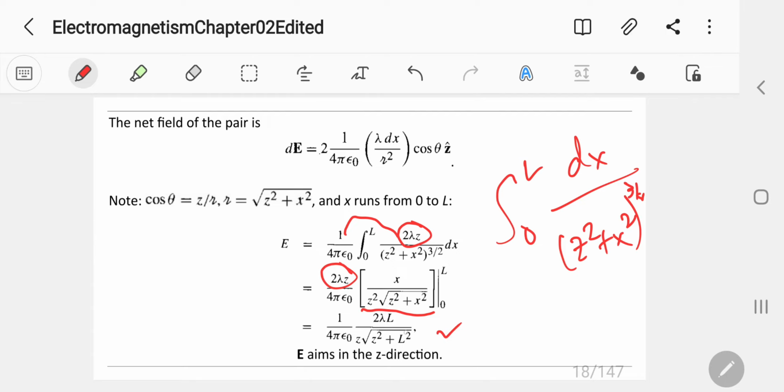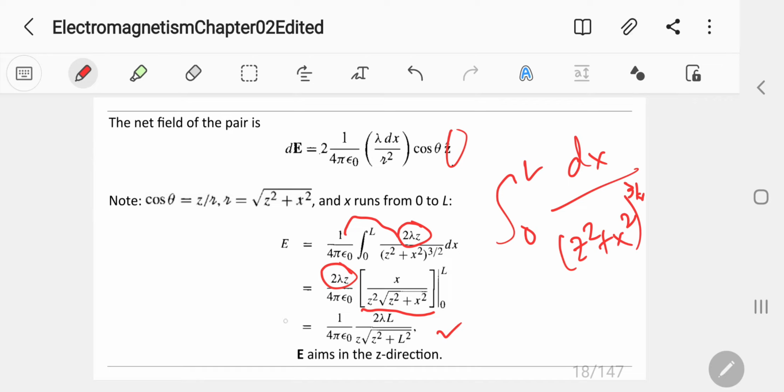In this case you didn't include the direction in the integral, because the field is just in the z direction, and the z hat is a rectangular unit vector, which is a constant, so you can take that out of the integral.